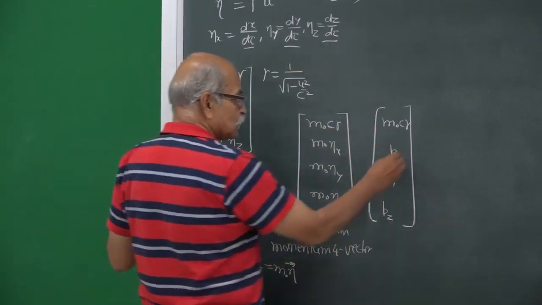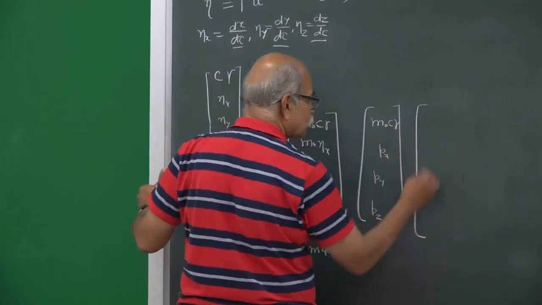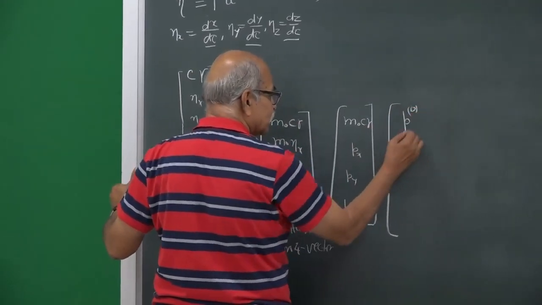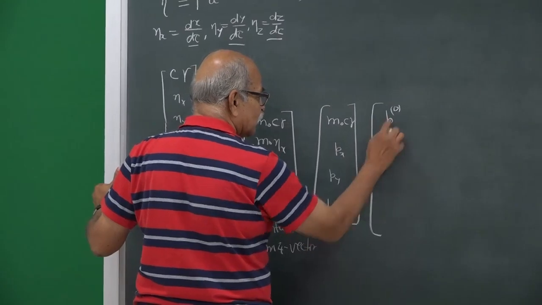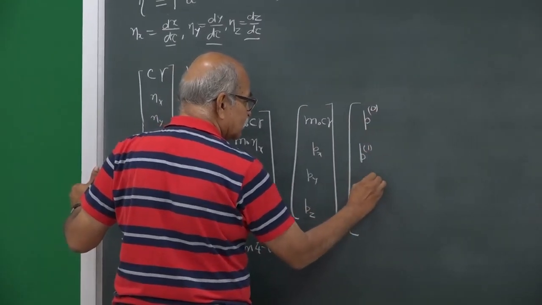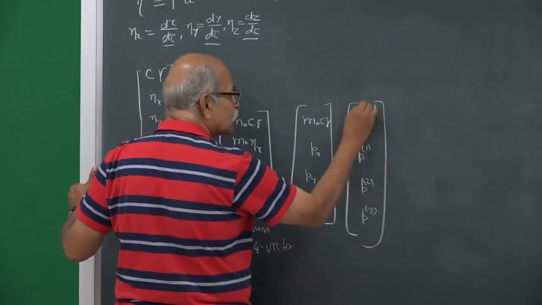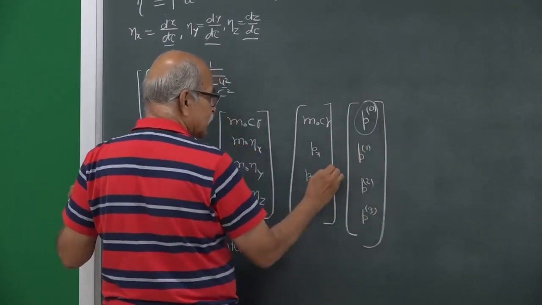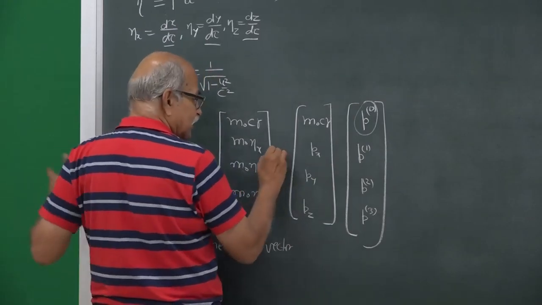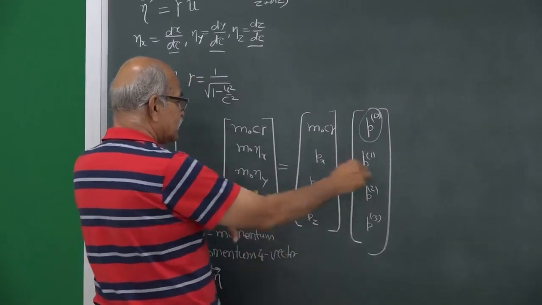You write it as the p 0th component in our standard symbol, 0th component, first component, second component and third component. So, the question is, what is this 0th component? These are all the same, just the symbols are different.